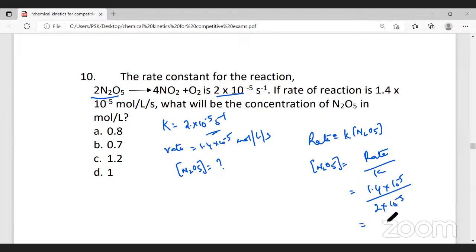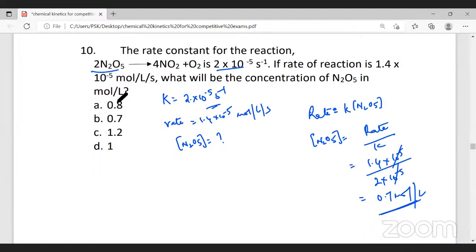On simplification, the answer is 0.7 mole per liter. It's simple mathematics, this will get cancelled. So the answer for this question is option B, 0.7.